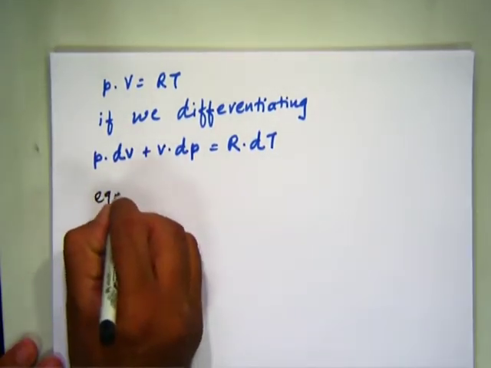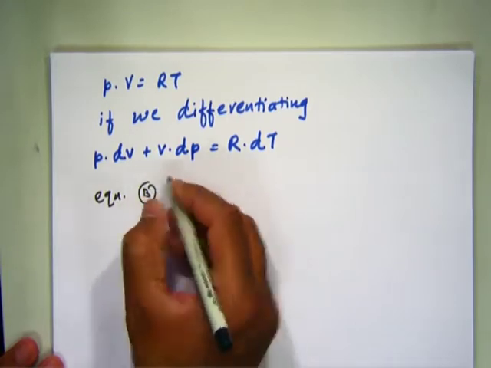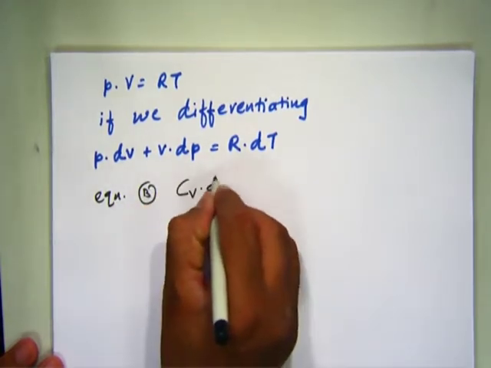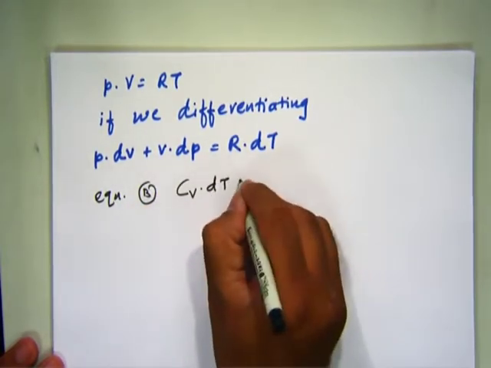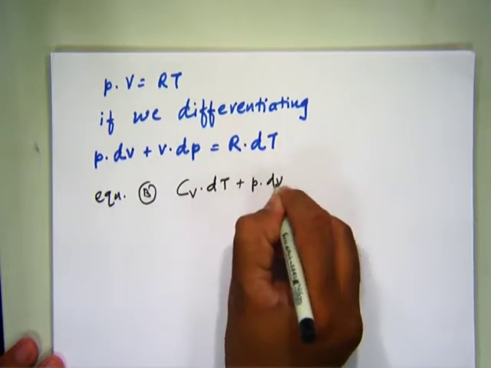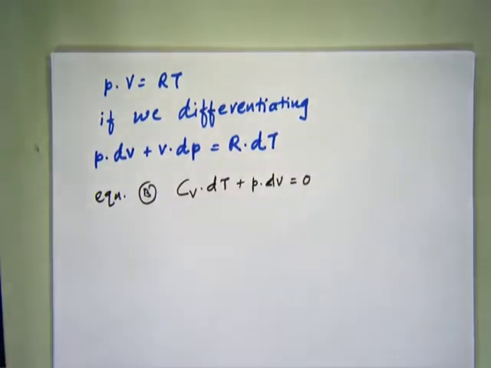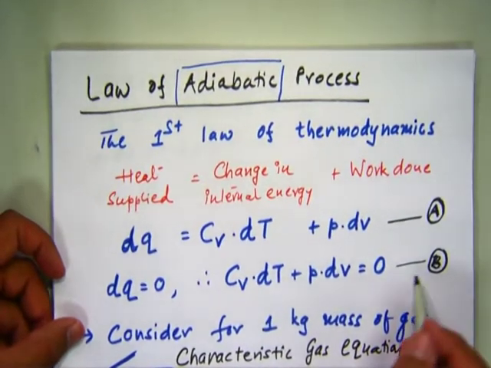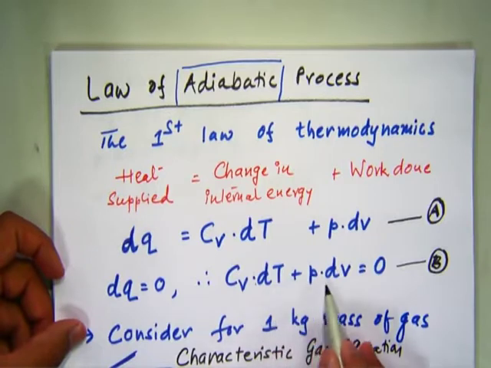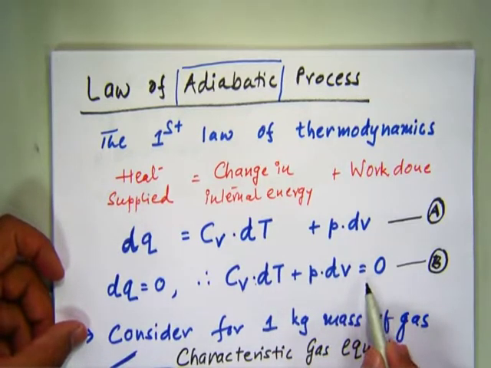Earlier equation B which we have got is Cv into dT plus P dV is equal to 0.